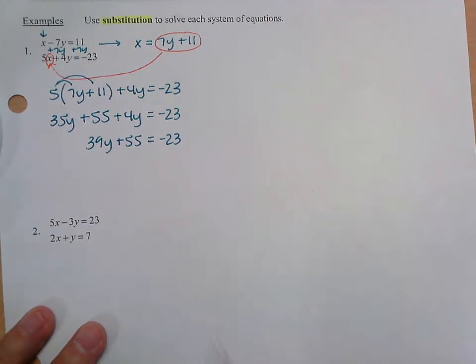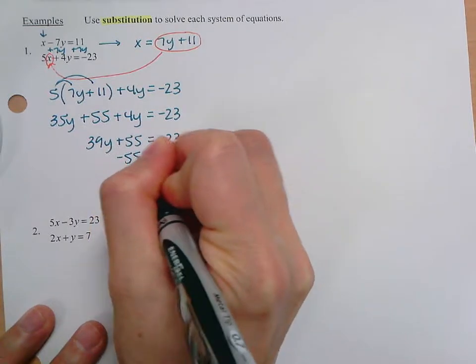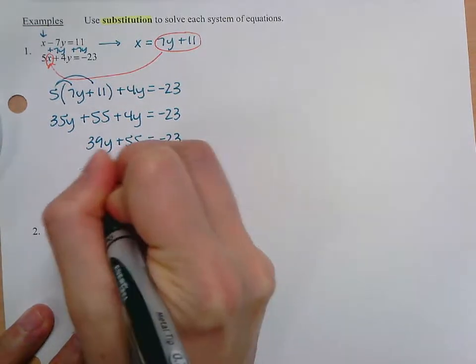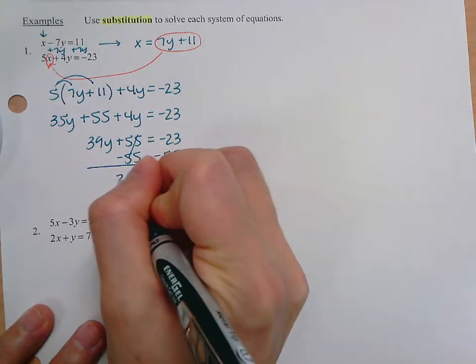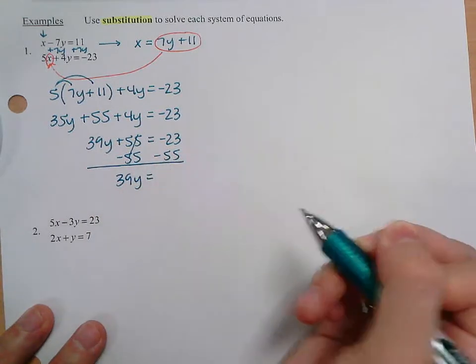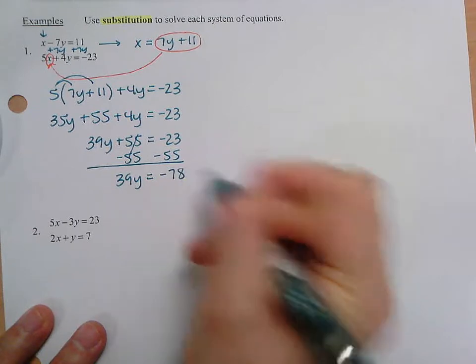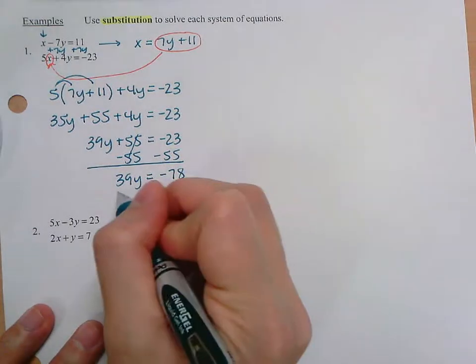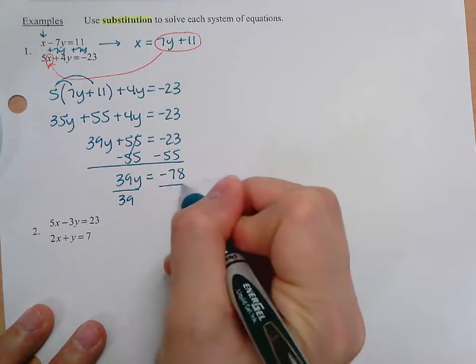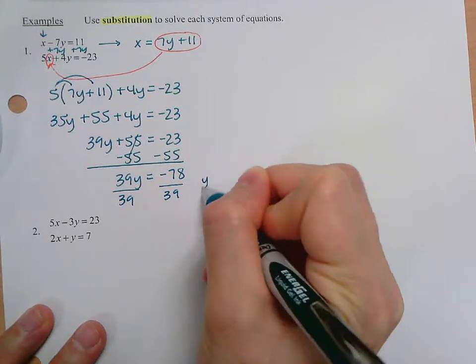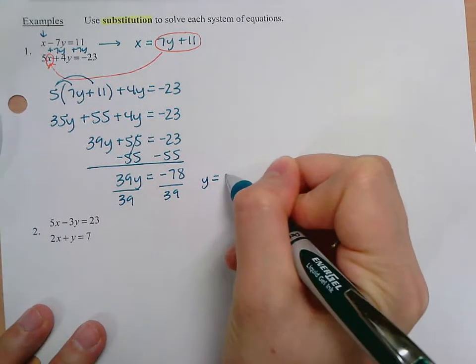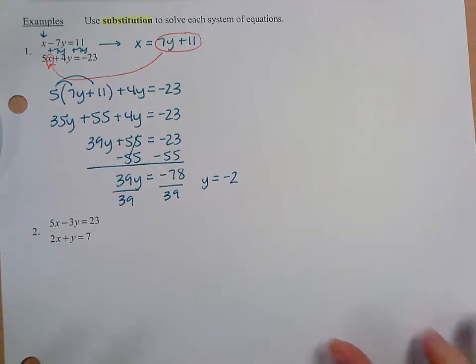And then solving for y, subtract 55. So 39y is equal to -78. And divide by 39. And I get y is equal to -2.